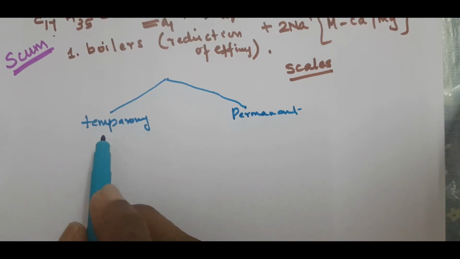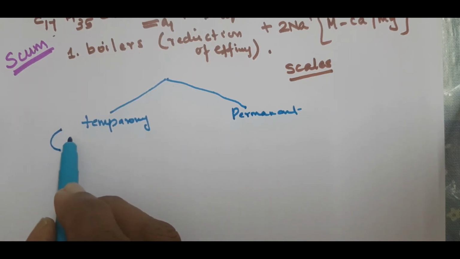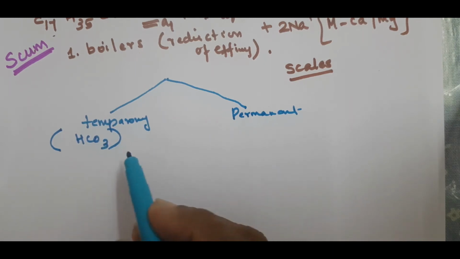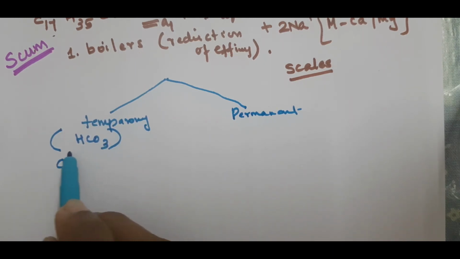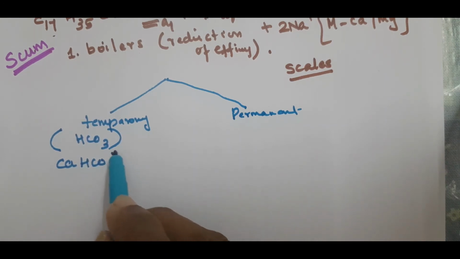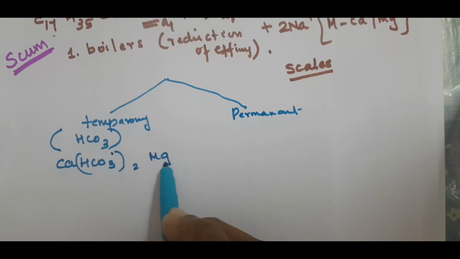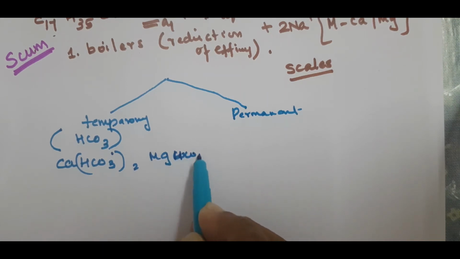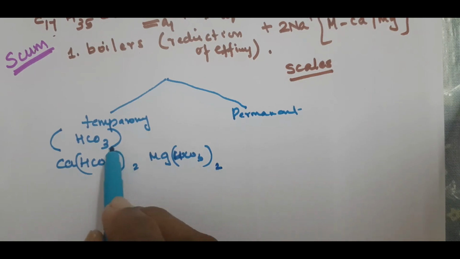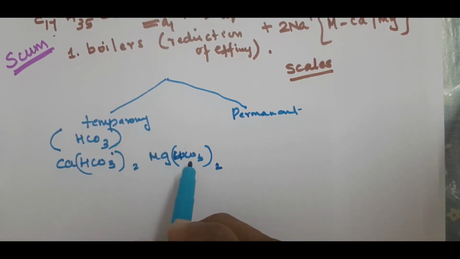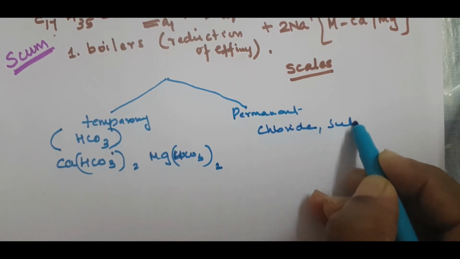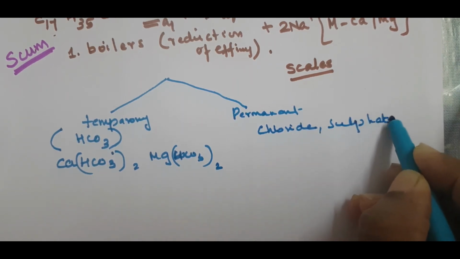This temporary hardness is mainly due to the presence of bicarbonate salts. Very, very important. For example, you know calcium and magnesium are the ions. So it must be due to calcium bicarbonate and magnesium bicarbonate. So temporary hardness is mainly due to calcium bicarbonate and magnesium bicarbonate, whereas permanent hardness is due to the chlorides and sulfates.